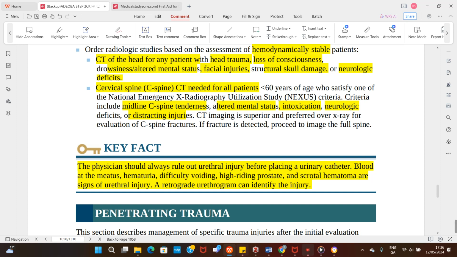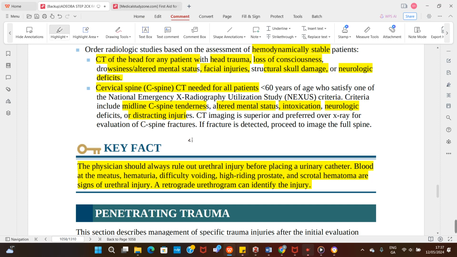But you might need to do CT cervical spine imaging for individuals that are less than 60 years and fulfill the criteria of NSAID. That's the way I remember it.